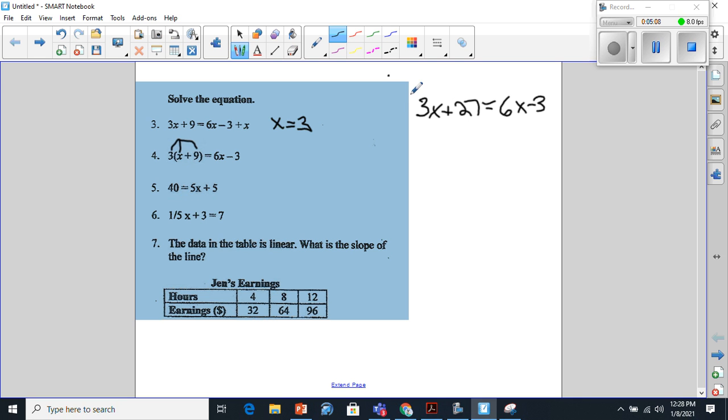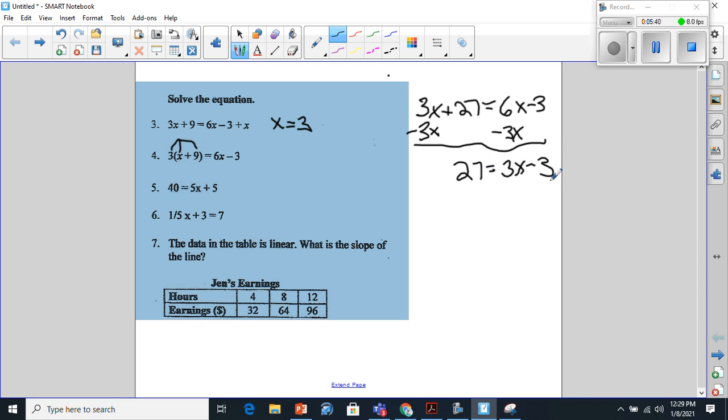Once again, I'm going to move my smaller amount of x's to the other side. This will give me a positive x over here, so I don't have to worry about dealing with a negative one later. 6x minus 3x is 3x. So now I've rewritten my equation to read that 27 has to be equal to 3x minus 3.